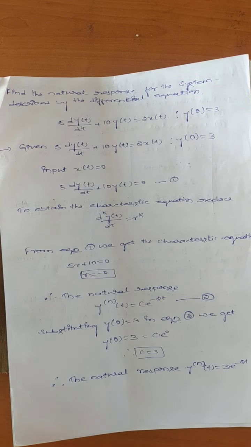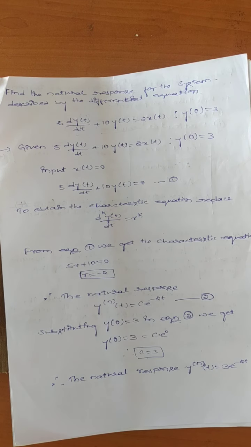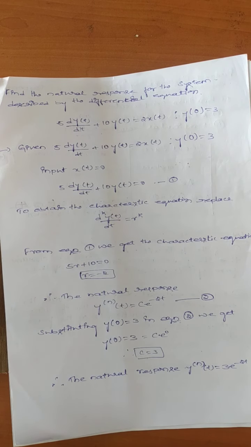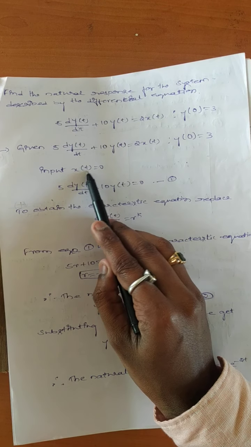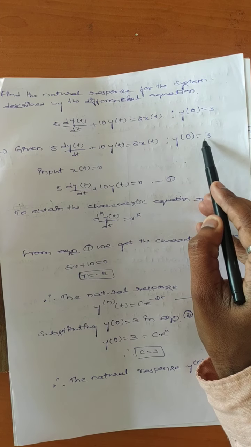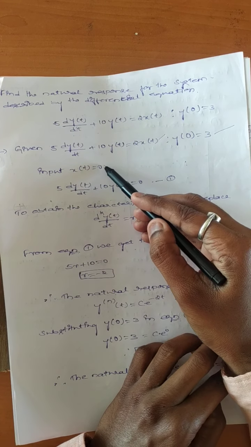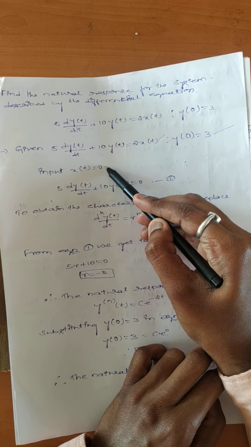The given data is 5 into dy of t by dt plus 10 into y of t is equal to 2 into x of t. In order to get the natural response, we have to make the input 0. Look at this, x of t is equal to 0, and y of 0 is equal to 3 is the initial condition. The input x of t should be 0 if you want to get the natural response.